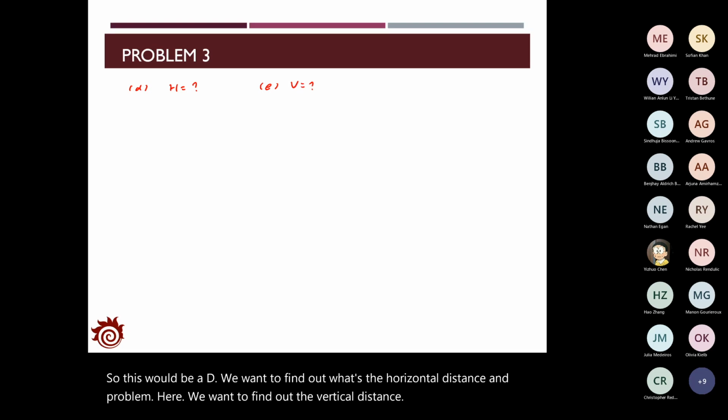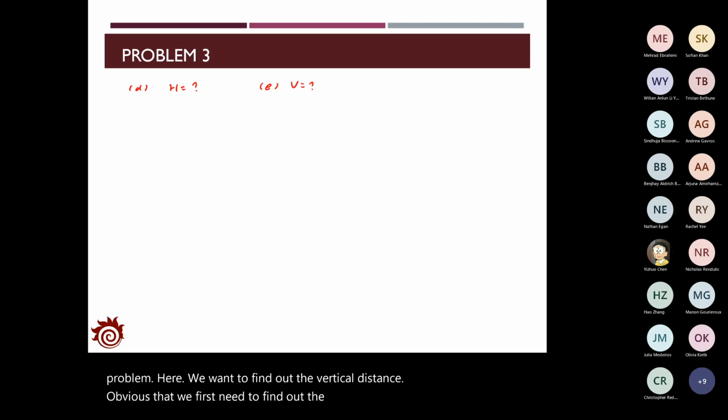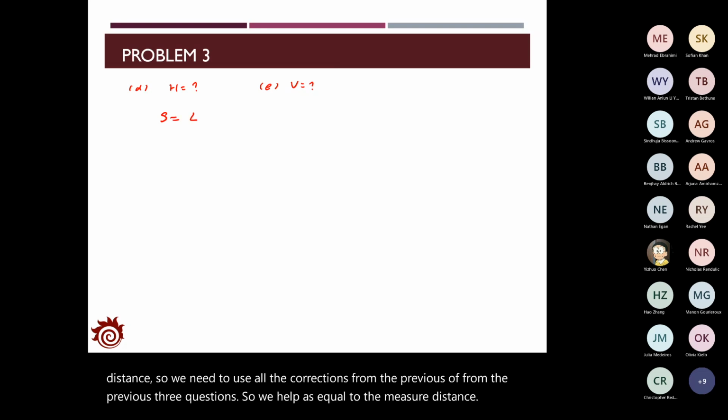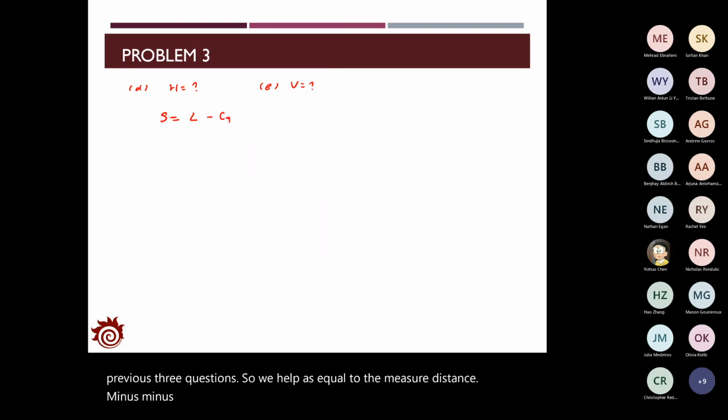With that, we first need to find the true distance we measured, the slope distance. So we need to use all the corrections from the previous three questions. So we have S equal to the measured distance minus the correction of the temperature minus the correction of the tension.